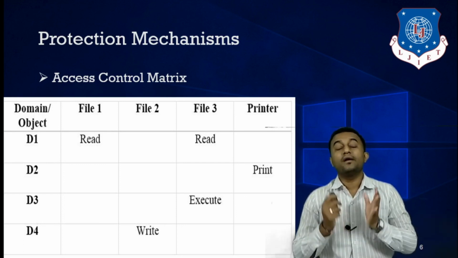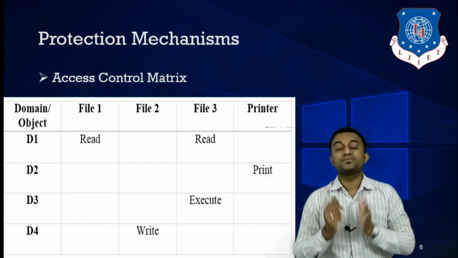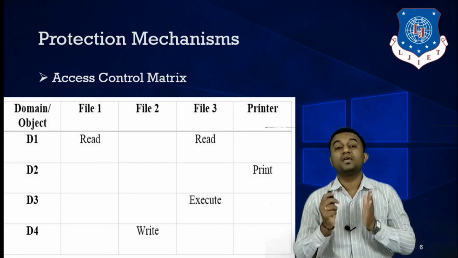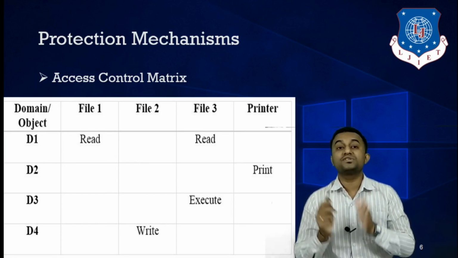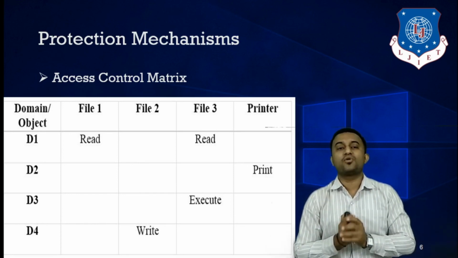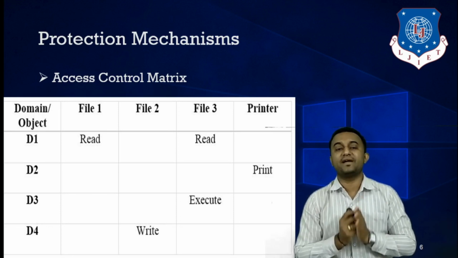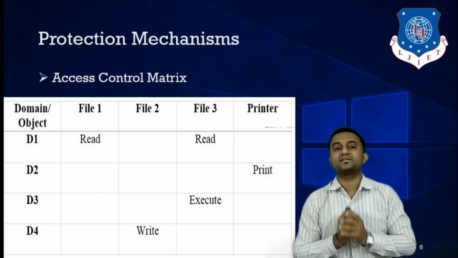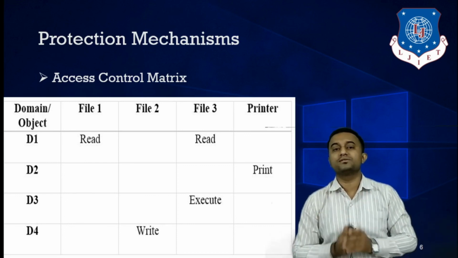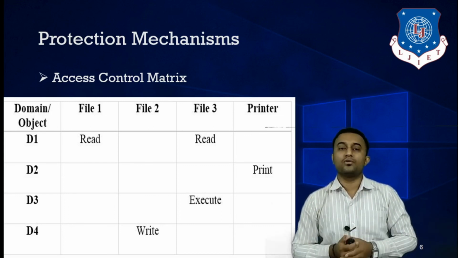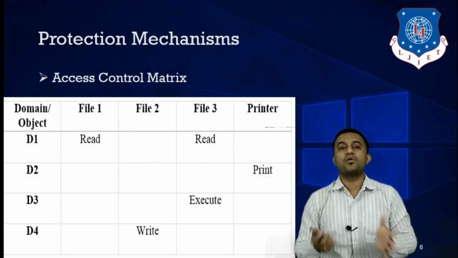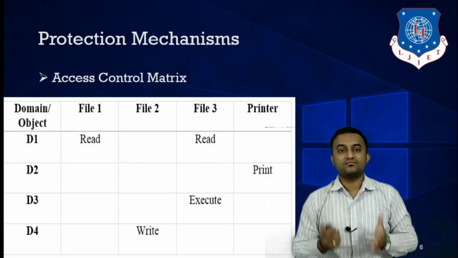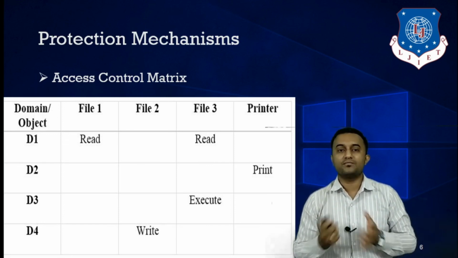As per the role, as per the demand of those users, they can use only those resources, because they have been given limited access rights based on their role. Okay, so this is all about the access matrix, which is a protection mechanism.